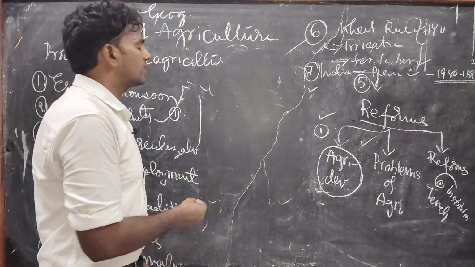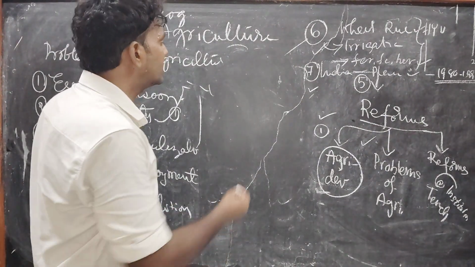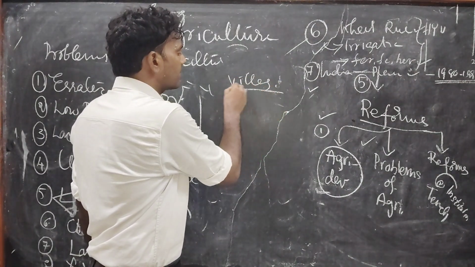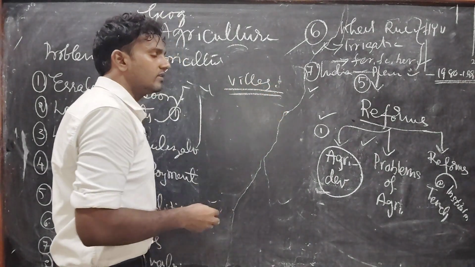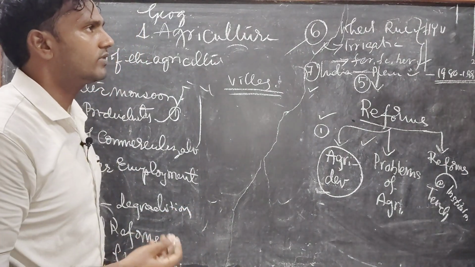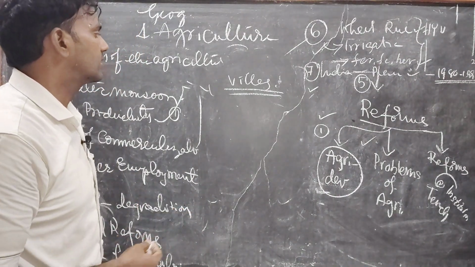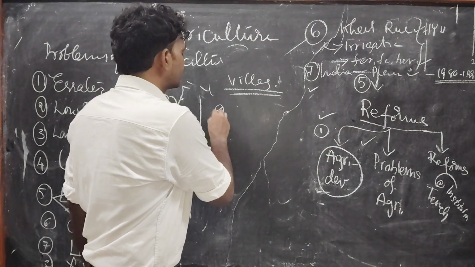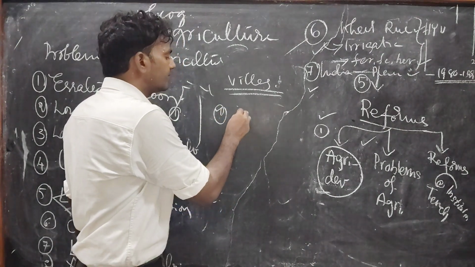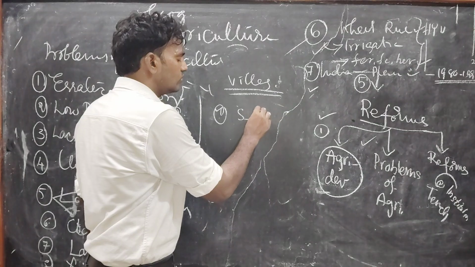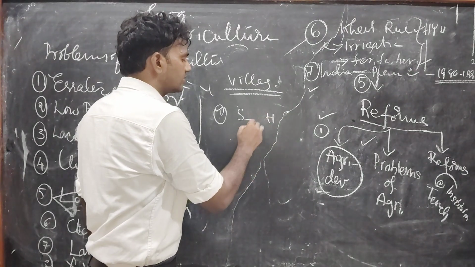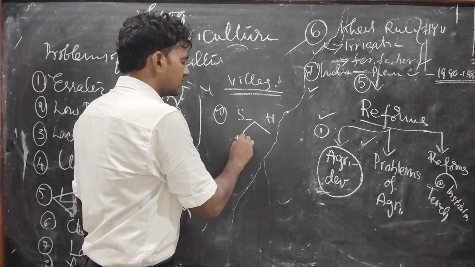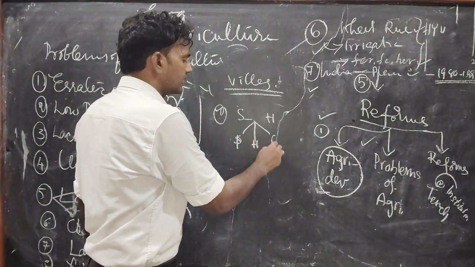underemployment in India. In villages, people participate in primary activity. They have work only in the sowing season and the harvesting season, and meanwhile for spraying pesticides, herbicides, and fertilizers.